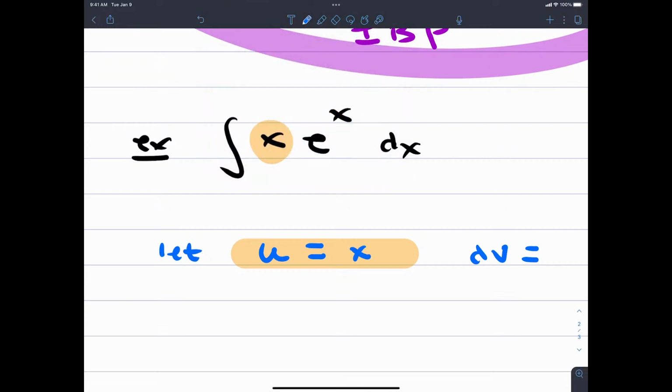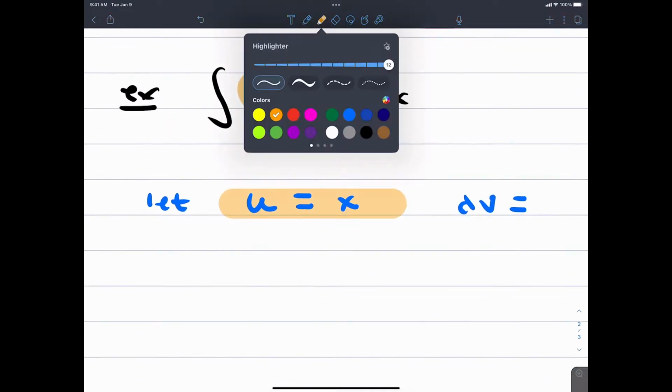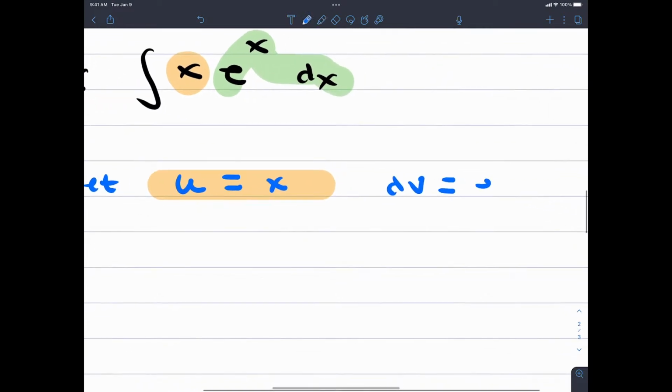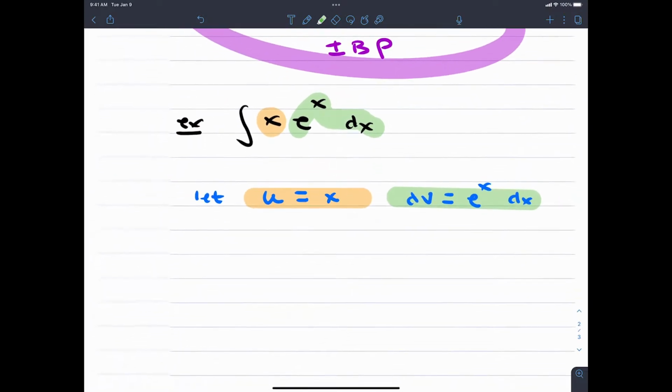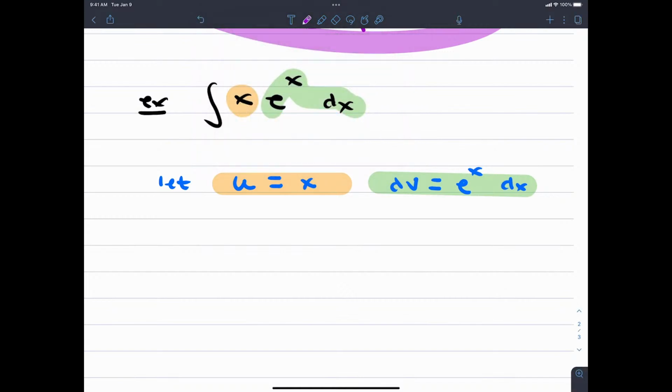And then you might say, why? I'll show you why I let that be x. What that forces my dv to be is e to the x dx. Okay? So already off the bat, I go, oh, this is the integral of u dv.